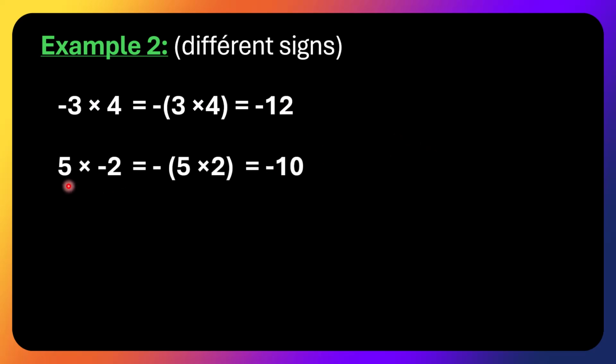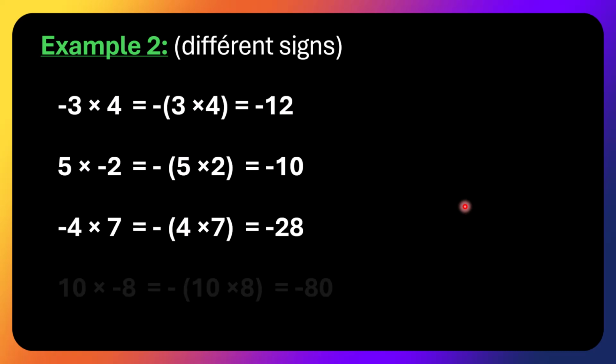For the next one, 5 multiplied by minus 2 equals a negative number: 5 multiplied by 2 equals minus 10. And minus 4 multiplied by 7 equals minus 28.